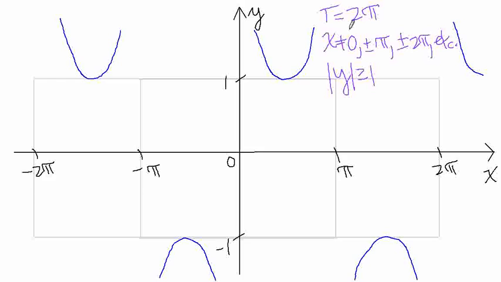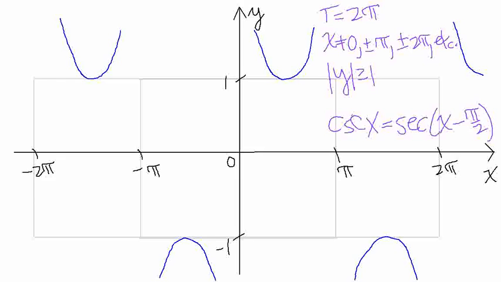So if you do the correct horizontal shift on either the secant or the cosecant, you can turn it into the other function. Okay? So thinking along those lines, you can see that the cosecant of x must be the secant of x minus pi over 2. Okay?